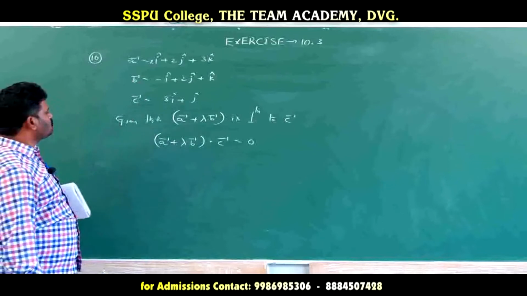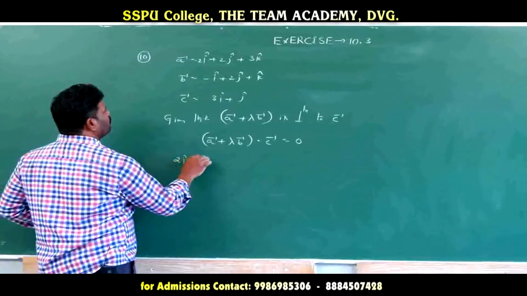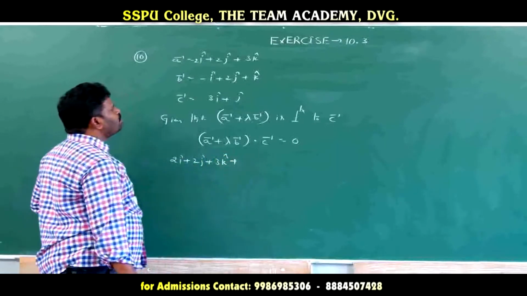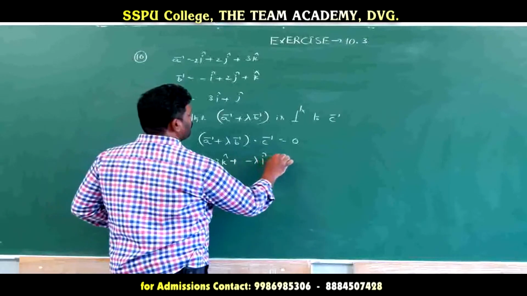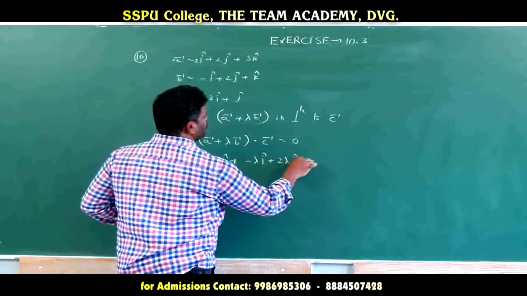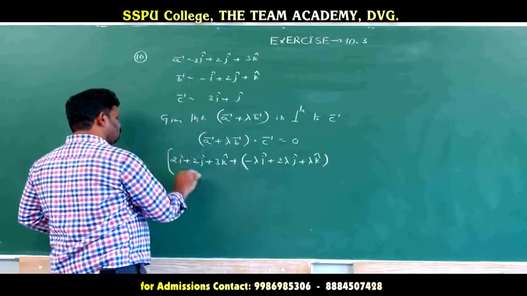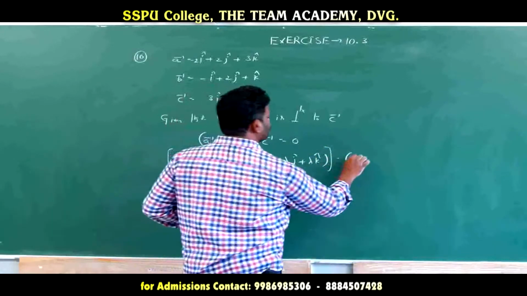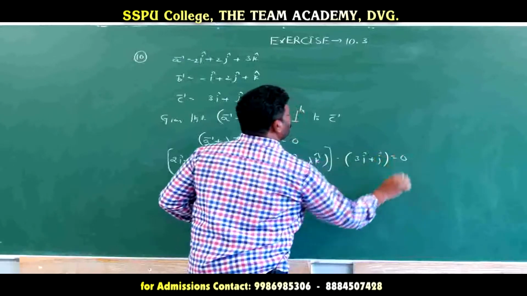Now we replace the vectors here: 2i cap plus 2j cap plus 3k cap plus lambda into b bar, which is minus lambda i cap minus 2 lambda j cap plus lambda k cap, dot c bar, where c bar is 3i cap plus j cap, is equal to 0.